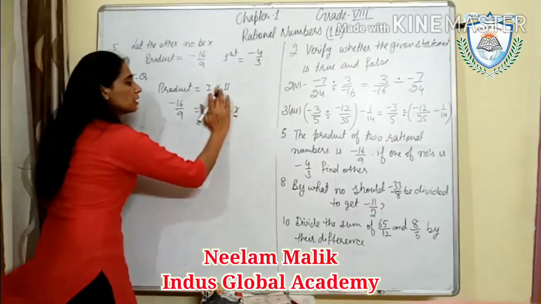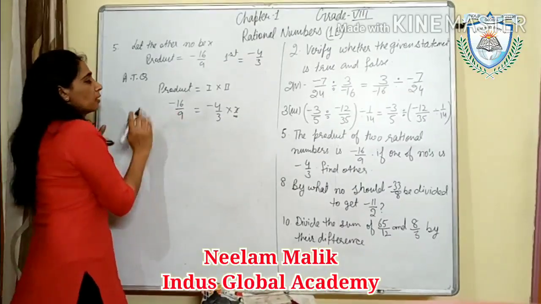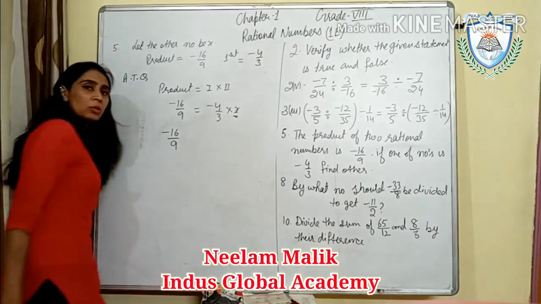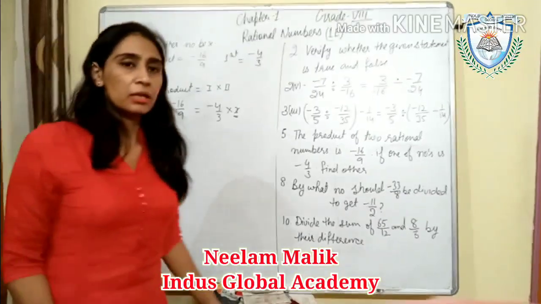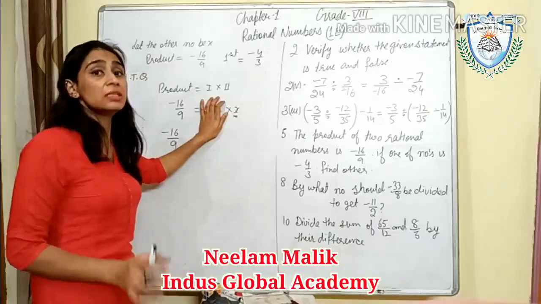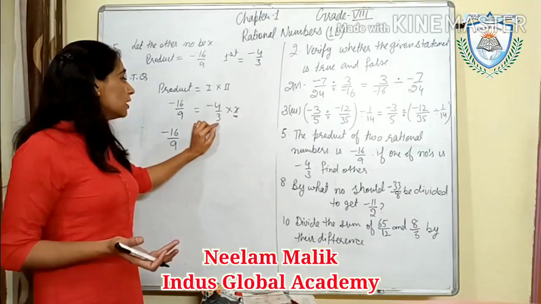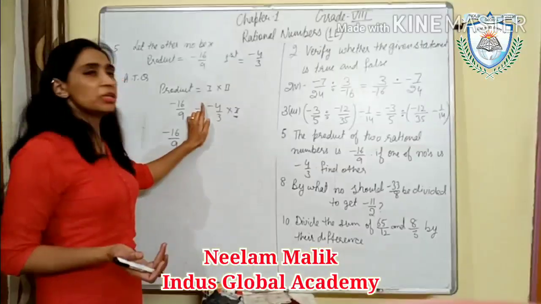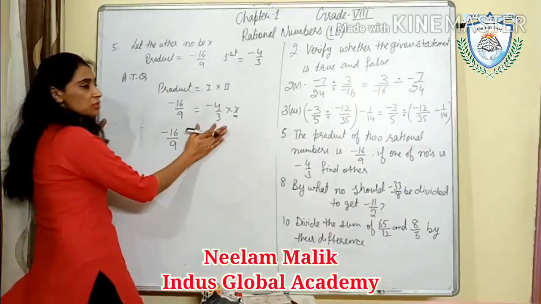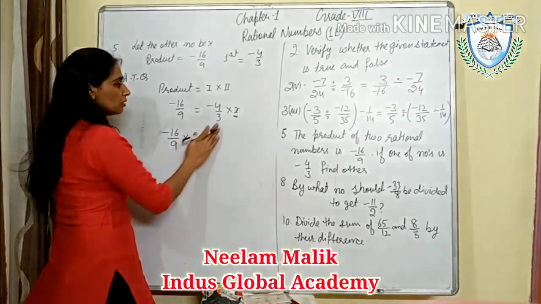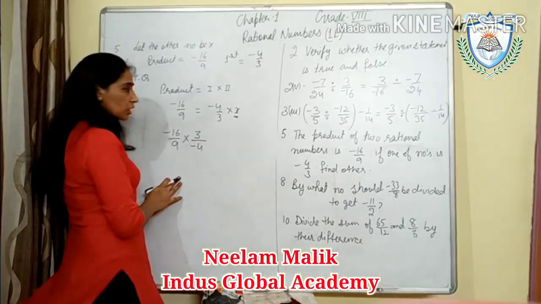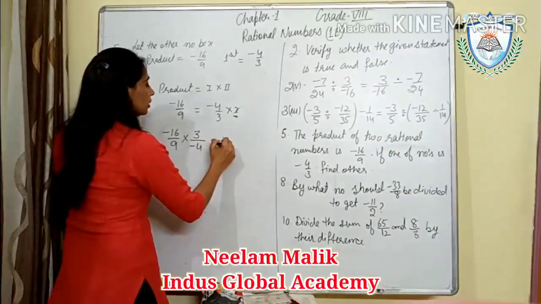So x will be there and the remaining will be on the other side. So here will be minus 16 upon 9. Look here. If we are taking any fractional number to the other side, then the denominator will be the numerator on the other side and the numerator will be the denominator. So it will come here: 3 will be at the top and 4 will be at the bottom. Okay, and here will be only x.